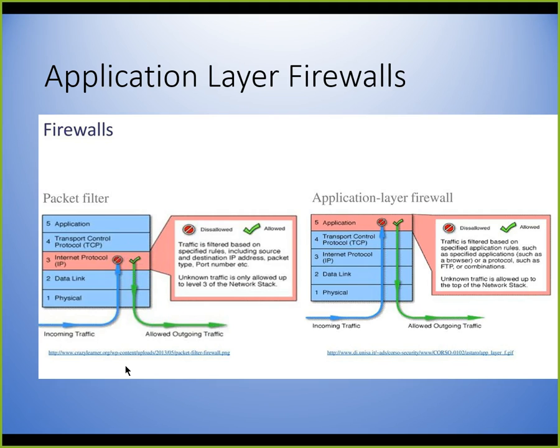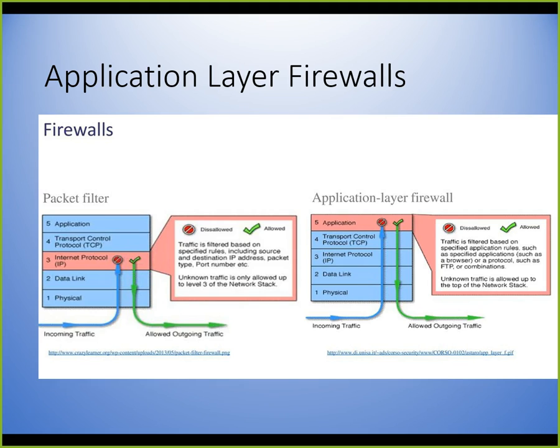Application layer firewalls. I've kind of talked about them. The one on the left, the packet filter firewall, shows it at IP, incoming and outgoing traffic. It uses TCP as well as IP addresses. The extended one that I did used both the IP address and the port number that we are going to allow or not allow for these things.